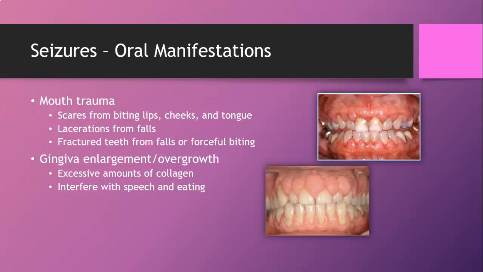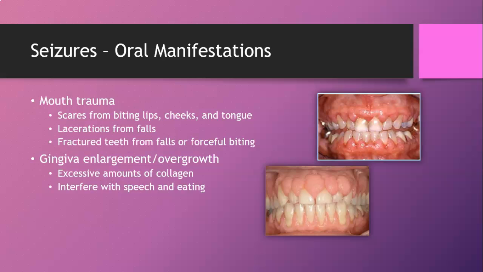So for seizures, the oral manifestations, nothing specific will manifest orally if somebody has seizures, but it's more secondary results from medication or trauma. They could have scarring from biting their lips, cheeks and tongue, lacerations from a fall, or if they hit their face while having a seizure, fracturing teeth, or a forceful bite could crack teeth.